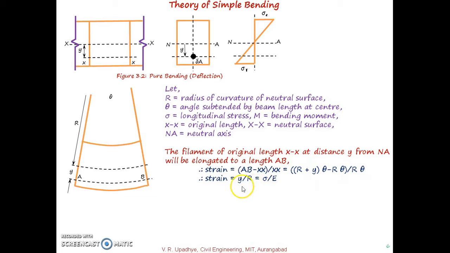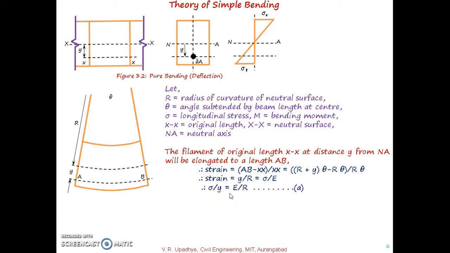Again we are aware that stress is directly proportional to strain, or stress is equal to Young's modulus multiplied by strain. So strain can be written as sigma divided by E, where capital E is Young's modulus and sigma is stress.